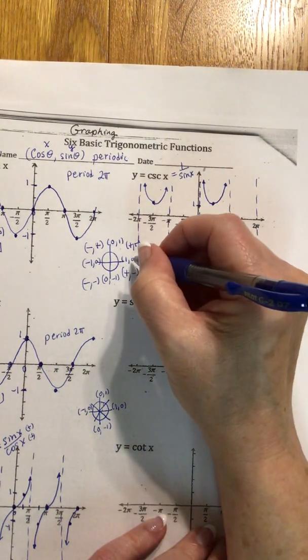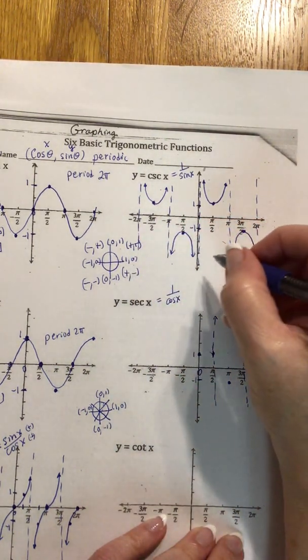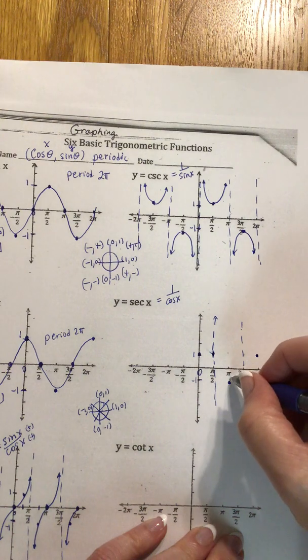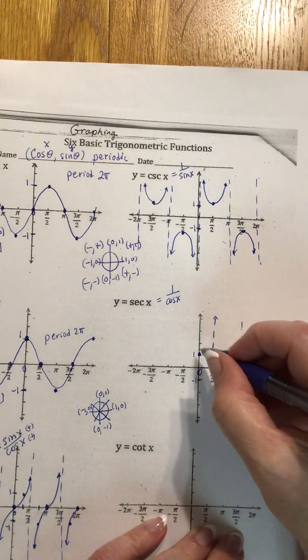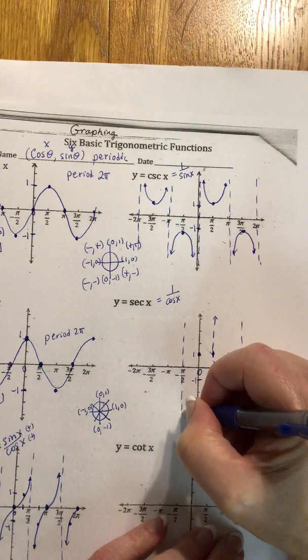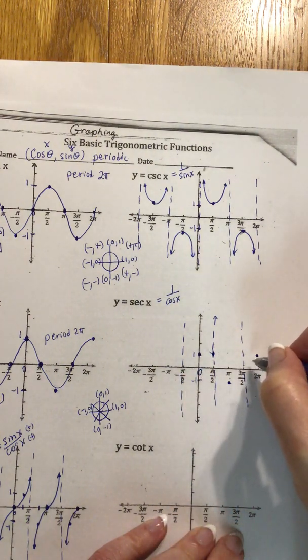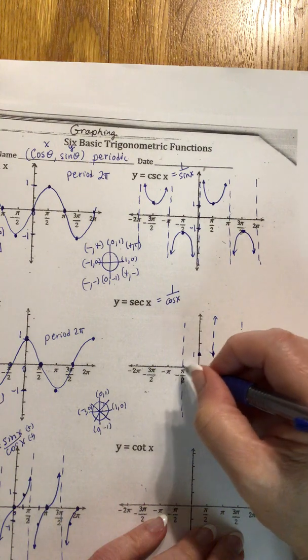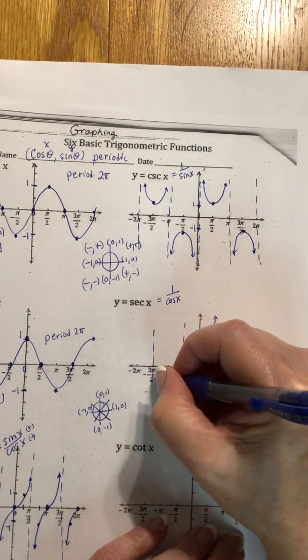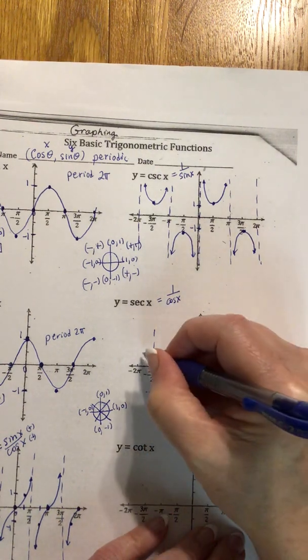At 2 pi, we'll come back around again, so we have 1 over cosine, 1 over the x, giving me 1 over 1 is 1 again. So point, asymptote, point, asymptote, point, asymptote. But now this goes up, down, up, so this is going to go down, right? Asymptote, and then back up again.